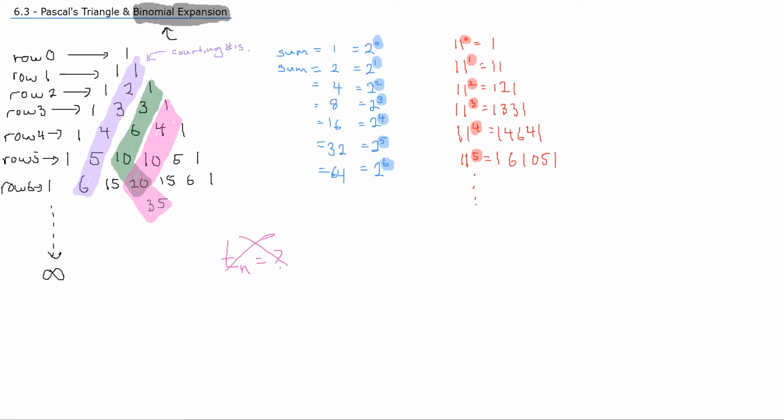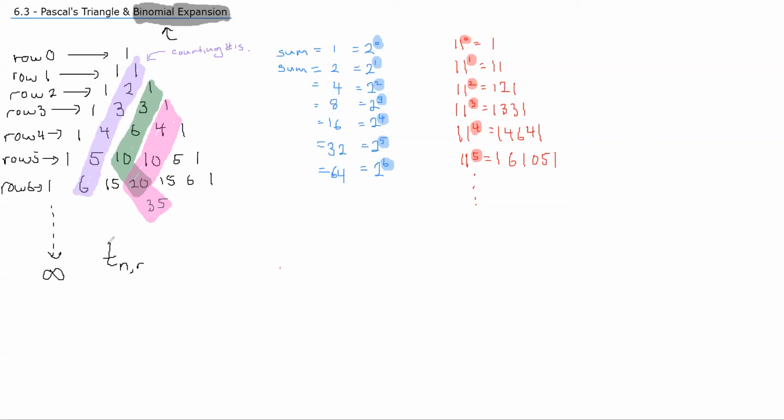Okay, let's erase that. When we're talking about Pascal's triangle, we need to talk about all of this as a term of a certain row and a certain number, a certain order, in the sequence.